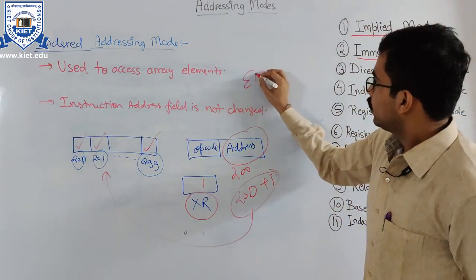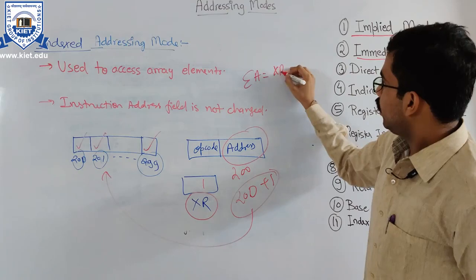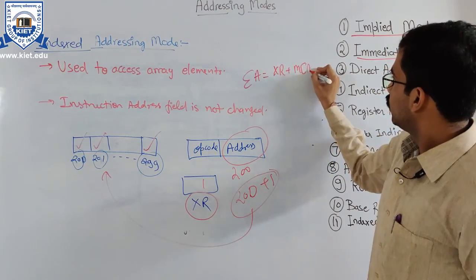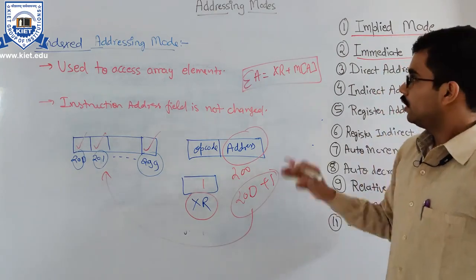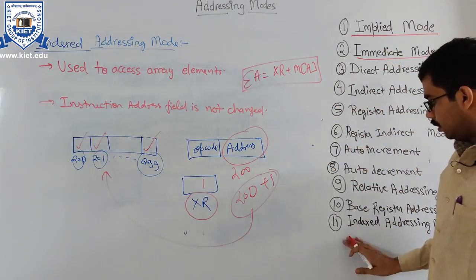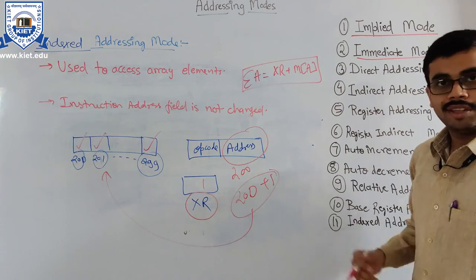So the effective address here is XR plus the location. In this way there are 11 types of addressing modes, and we have covered all of them.